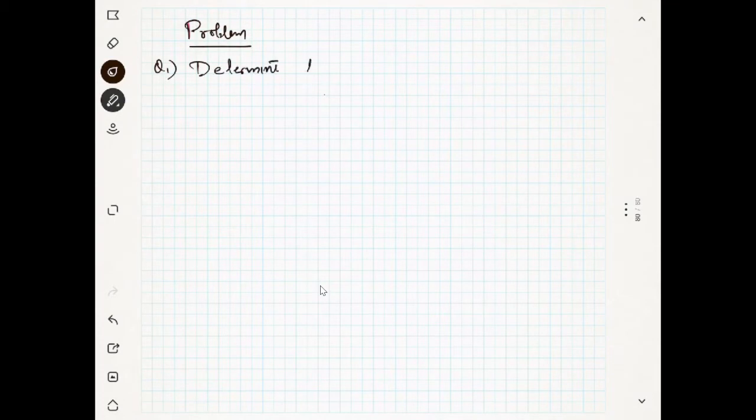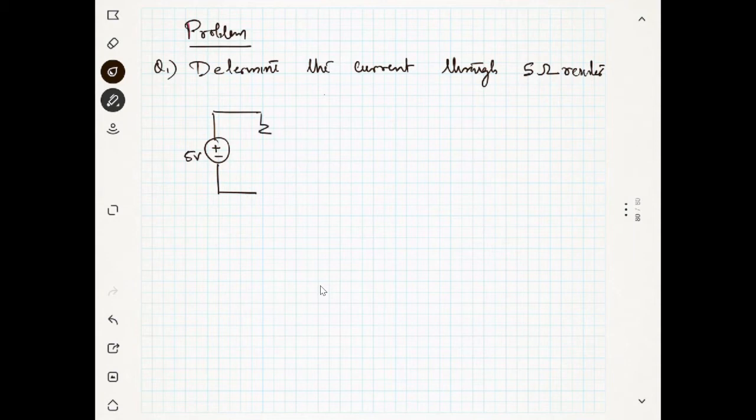Determine the current through the 5 ohm resistor in the circuit. I have a circuit like this which has plus 5 volt here, and I have a 5 ohm resistor, and I have a 10 volt source here.